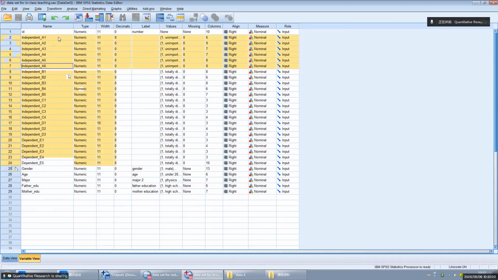Average, right? So first of all, we have to compute the mean scores for A. We use A1, A2, A3, A4, A5, A6. We use their mean scores to represent A.